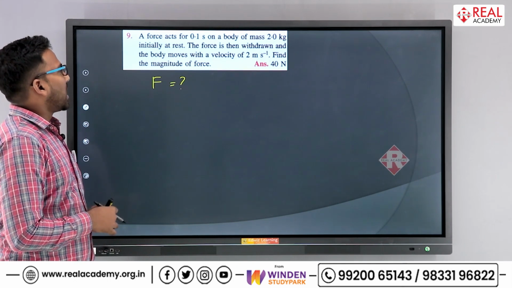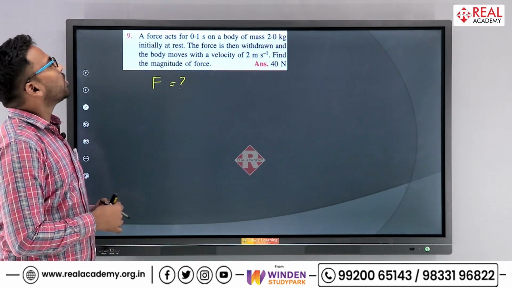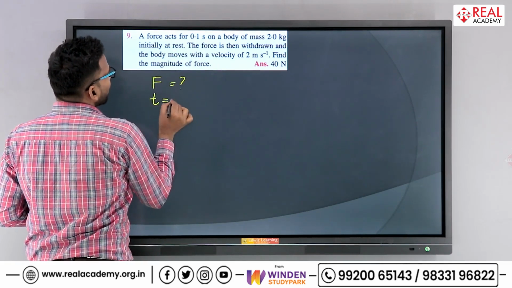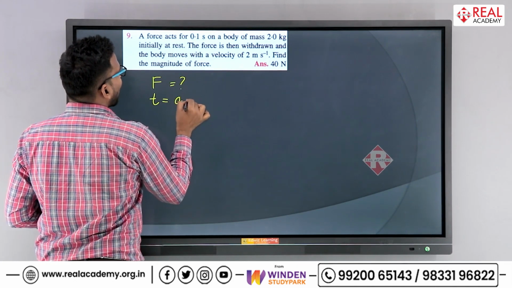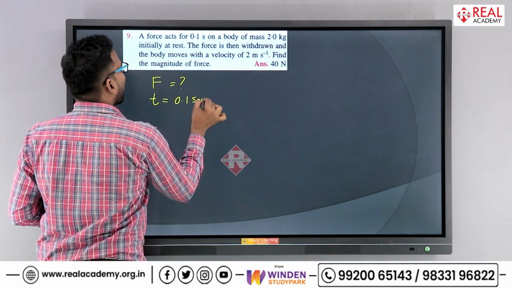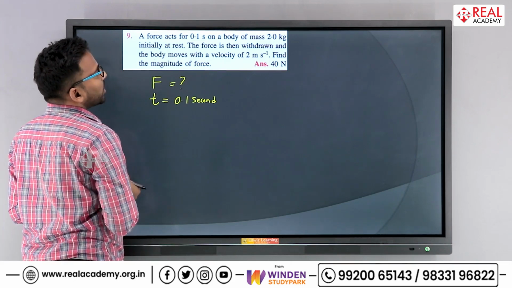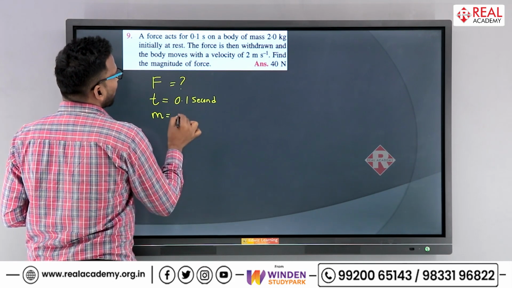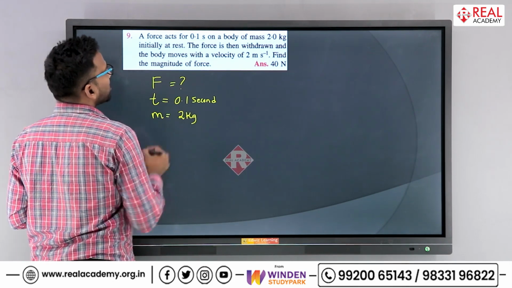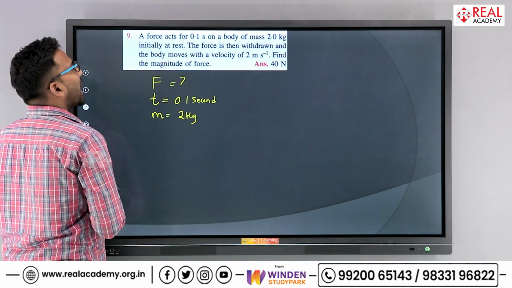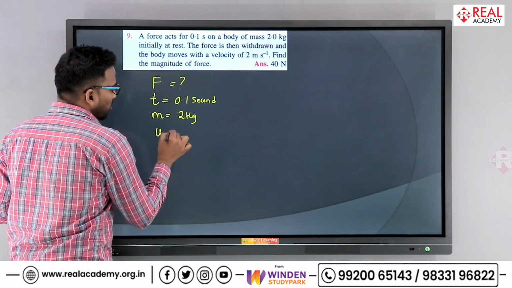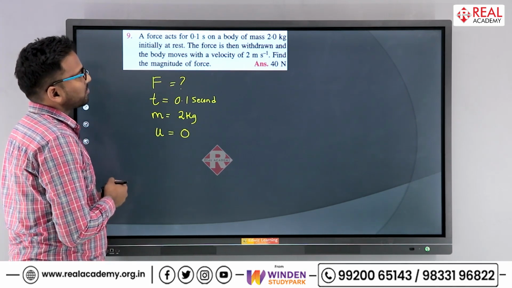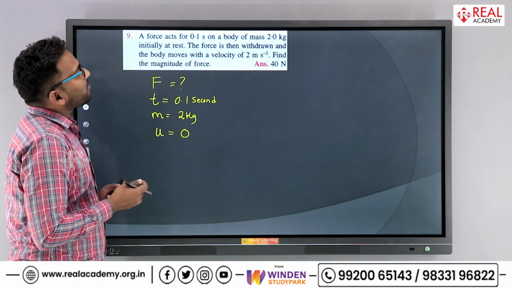Chalo, let us start with the question. A force acts for 0.1 second. What is this 0.1 second? Time. They have given us the time, that is, the force is acting only for 0.1 second on a body of mass 2 kg. What is the mass of the body? 2 kg. Initially at rest means u is equal to 0. The force is then withdrawn.